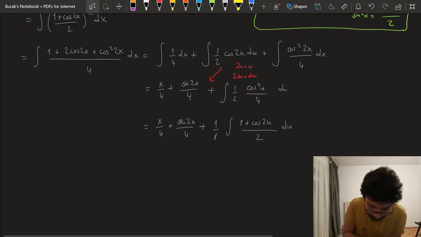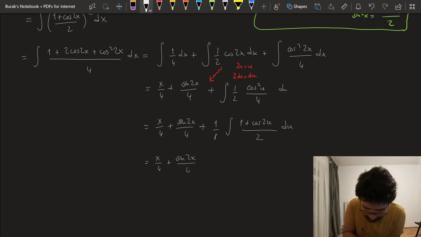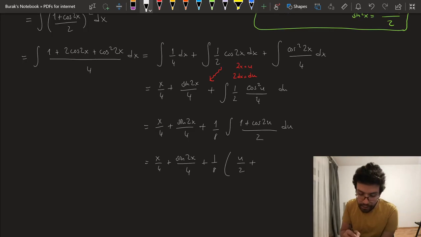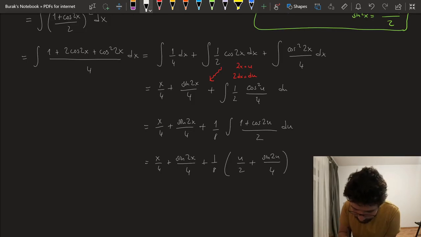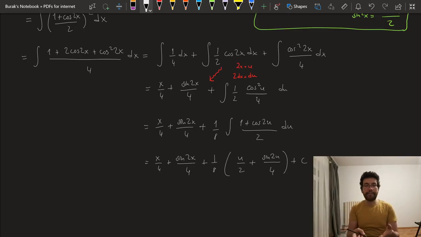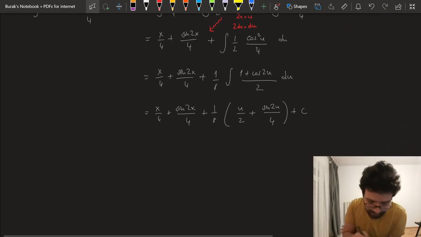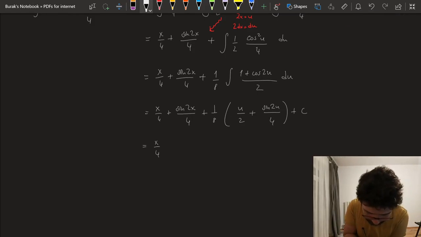And then this will give you, okay, this is actually getting very long. So this will give you the integral of 1/2 with respect to u, which is u over 2, and the integral of cosine 2u divided by 2 is sine 2u divided by 4, plus c. But I can't leave my answer like this because there's a u in it, and u is a variable that I introduced. So I'm going to write everything in terms of x.